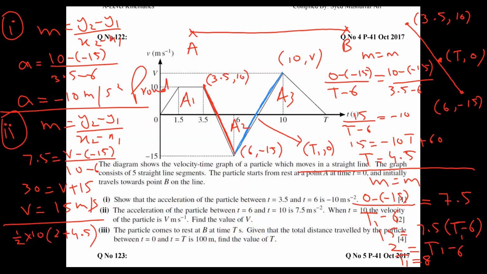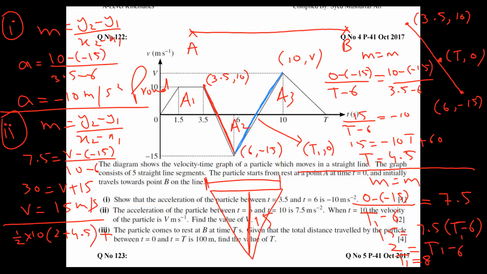Okay, I'm erasing now. Plus the area of the second shape. What is the second shape? Half into base into height. I show you. What is this height, my students? This height is actually 15. But don't say minus 15, just say 15. And what is the gap from here to here? This is 4.5, and this is 8.